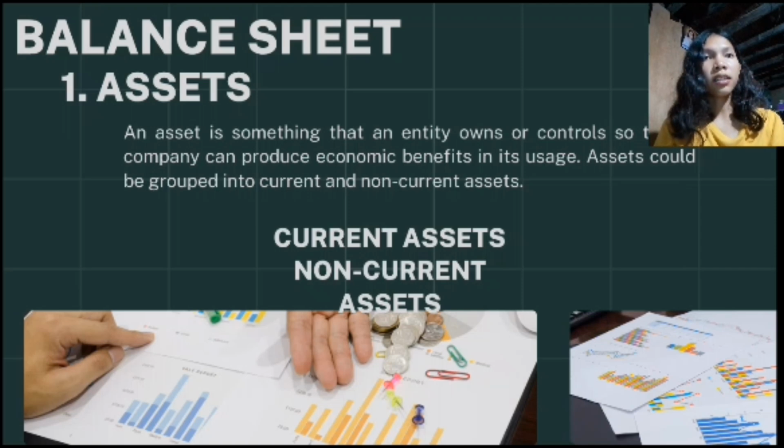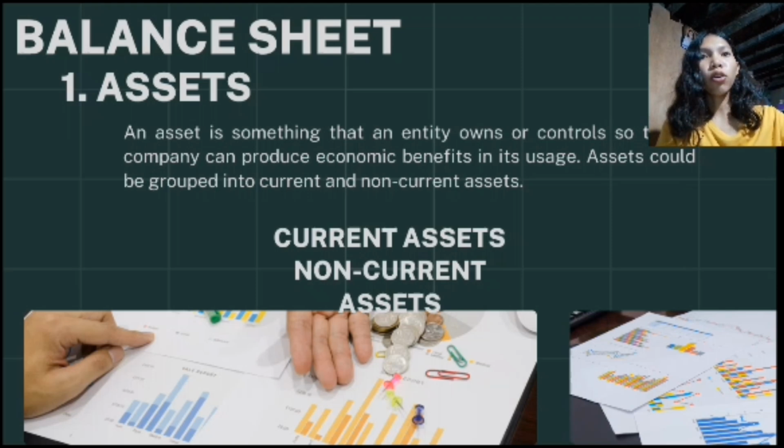So current assets are things the company expects to use or turn into cash within 1 year, like cash, inventory, or receivables. And we also have non-current assets, which are the things that the company will use for more than a year, like buildings, equipment, or land.